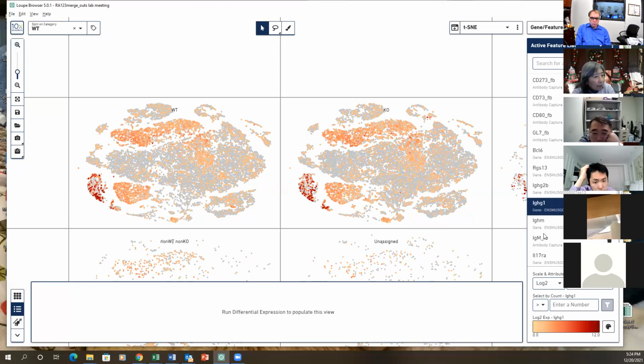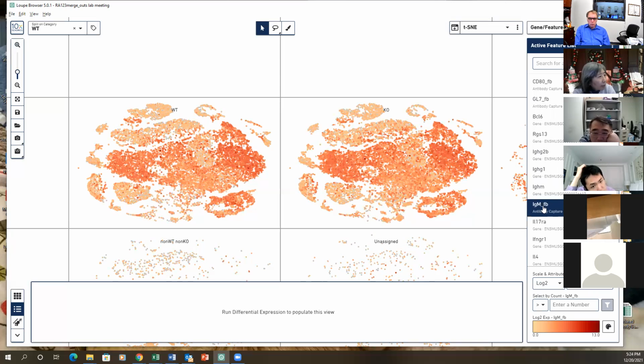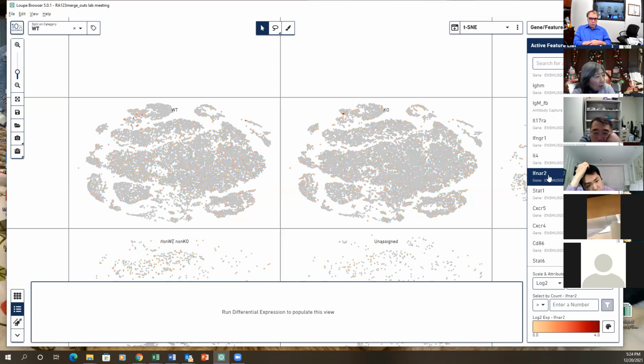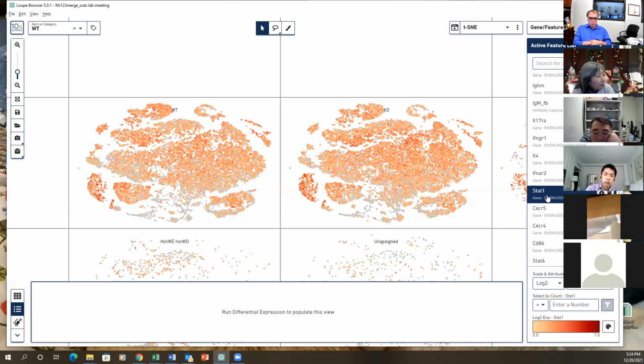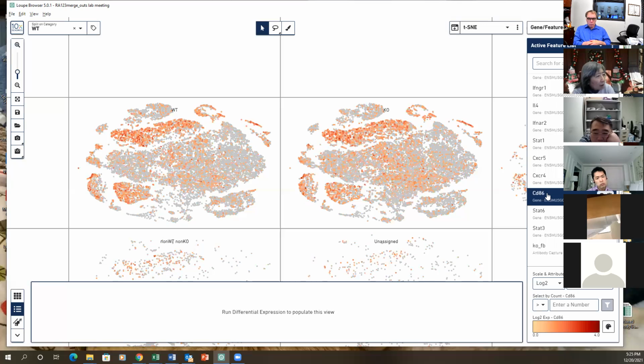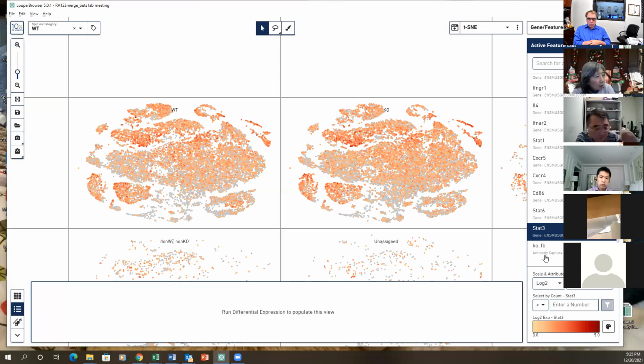G1, GHM, IL-17 receptor, and then gamma receptor, IL-4, AR2, STAT1, CXCR5, CXCR4, CD86, STAT6, STAT3, knockout.